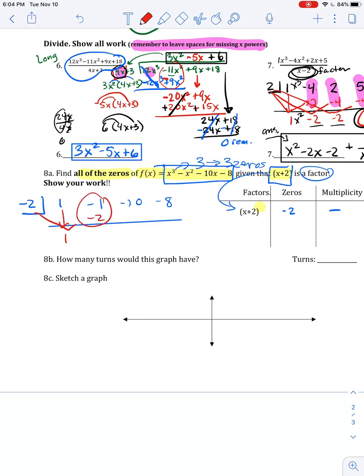Drop the 1, do this little multiplying shenanigans. Look here, that's going to be a minus 3. Multiply those, that's going to give me a 6. Now, I was told that this is a factor, which means that negative 2 is a 0, which means I better not get a remainder or I did something wrong. Combining these, I get negative 4.